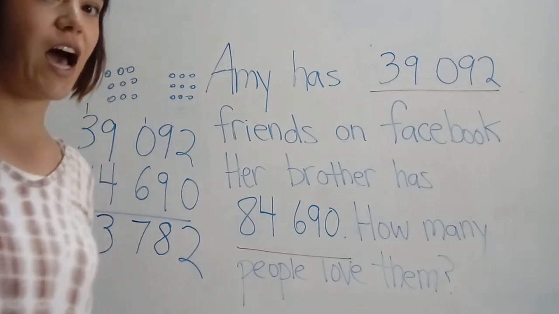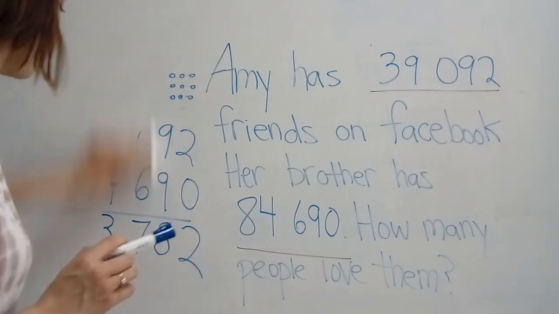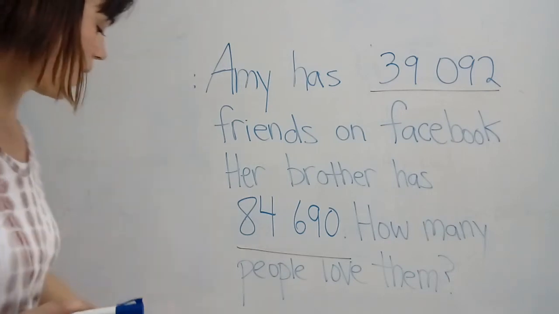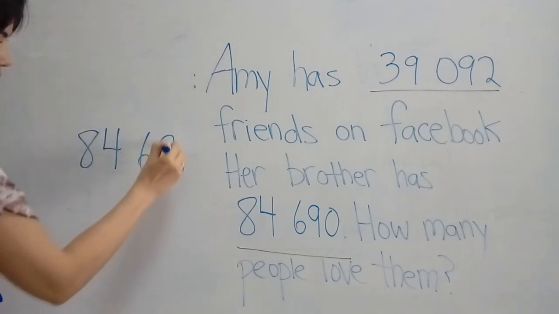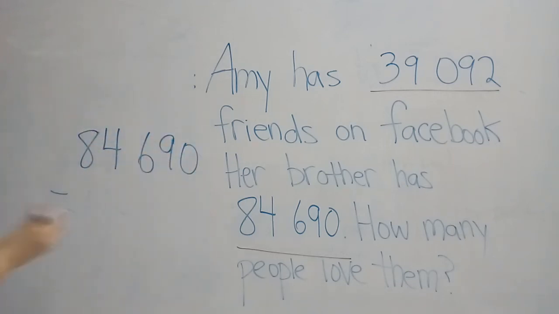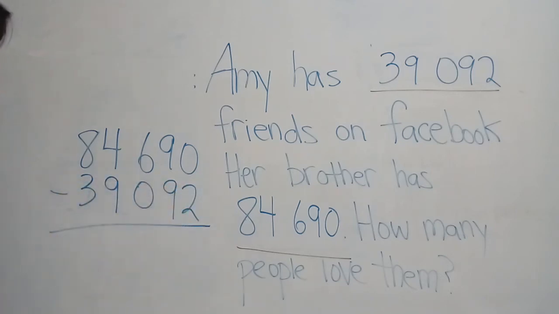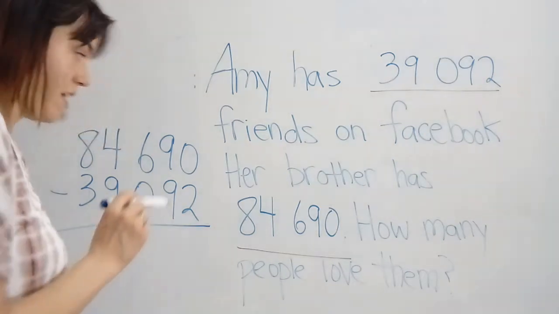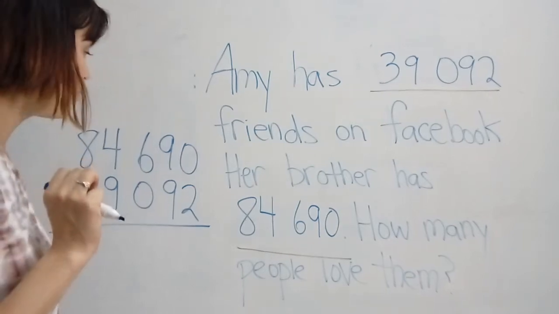Same thing if I said, how many more friends does her brother have? Always take your bigger number minus your smaller number. Uh-oh, this one looks a little bit tricky. I can see already 3 places I'm going to need to borrow.